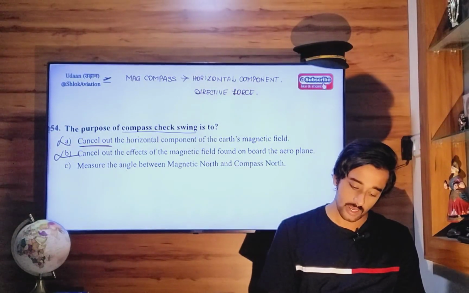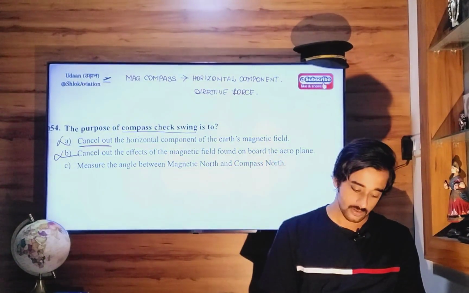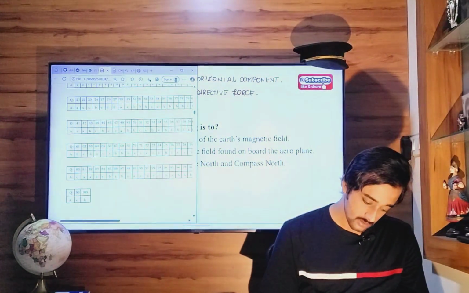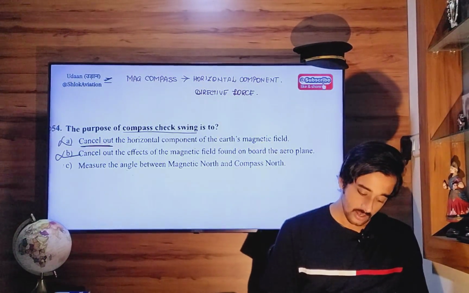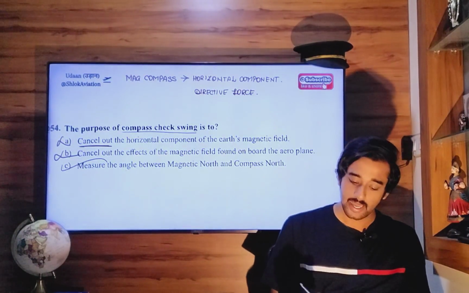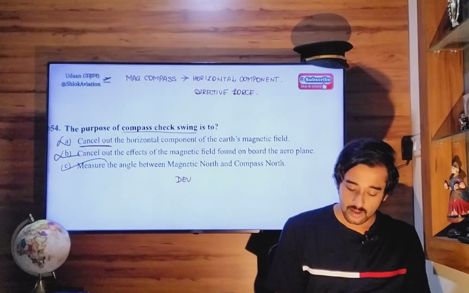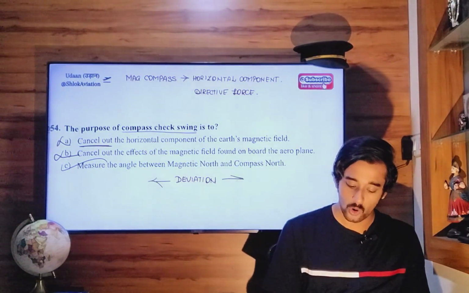Measure the angle between magnetic north and compass north. What is the angle between compass north and magnetic north? It is deviation. Compass deviation is the connecting link between what?